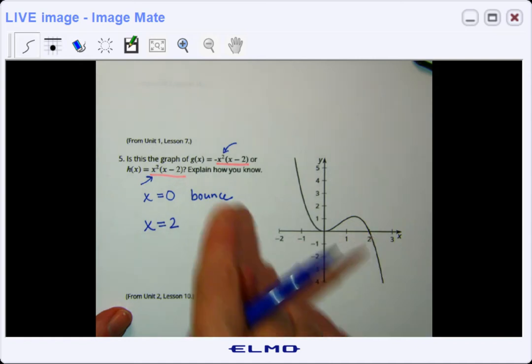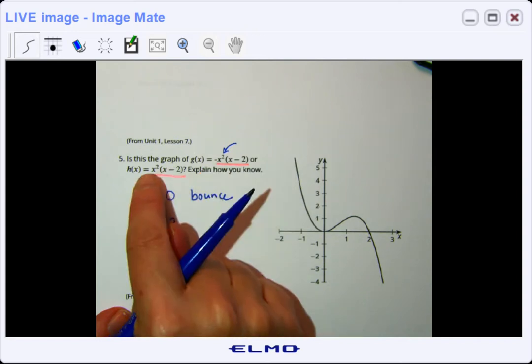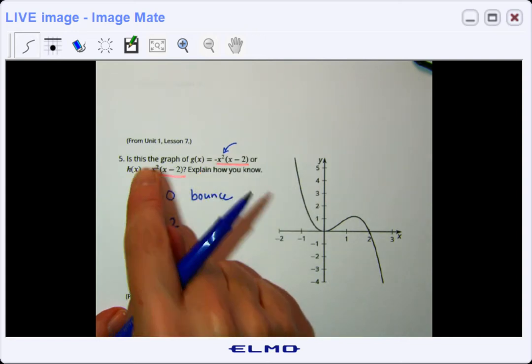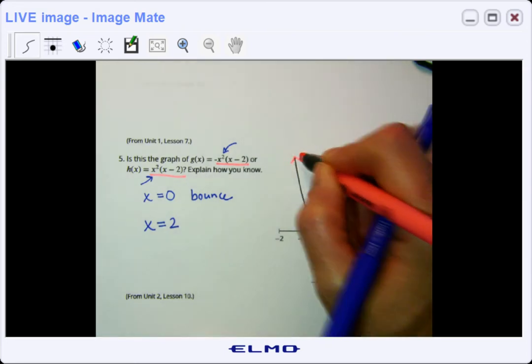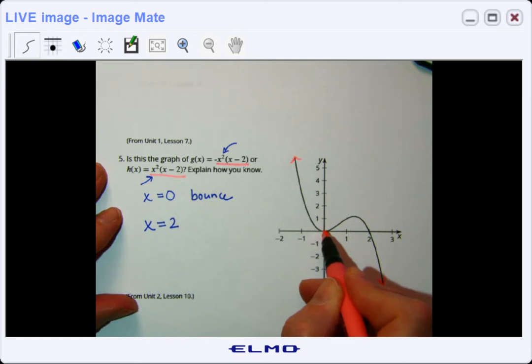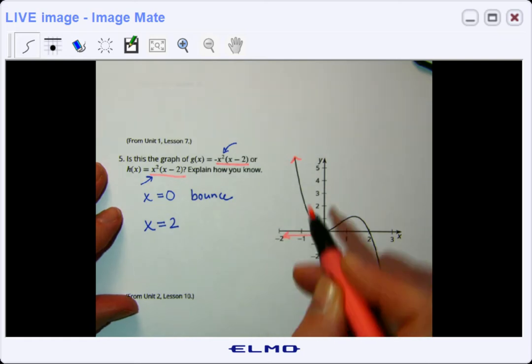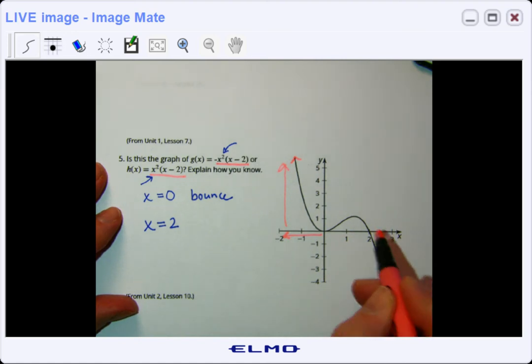The only difference is this has a negative leading term and this has a positive leading term. So the end behavior we're looking at here is, well, as x gets larger in the negative direction, y is getting larger in the positive direction.